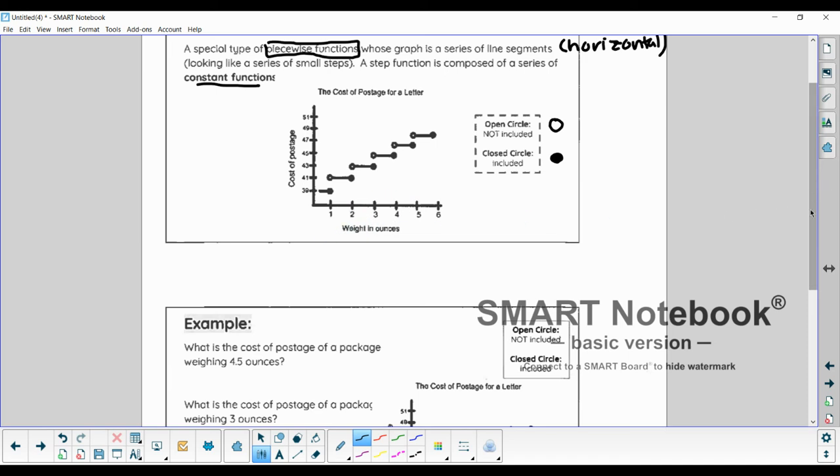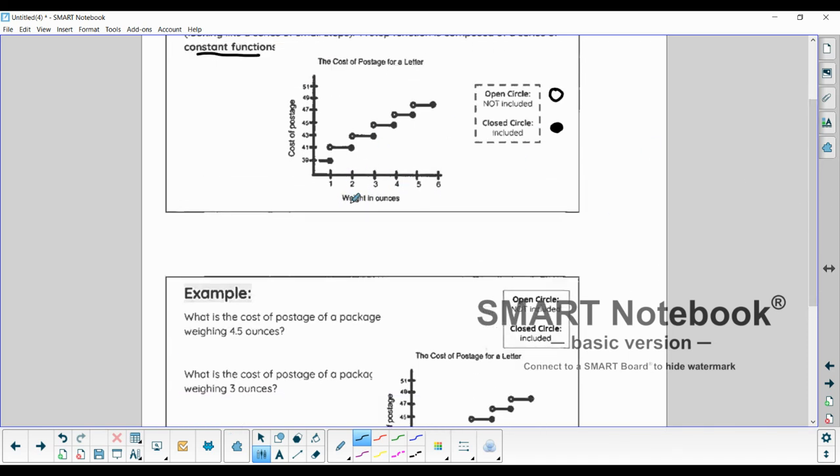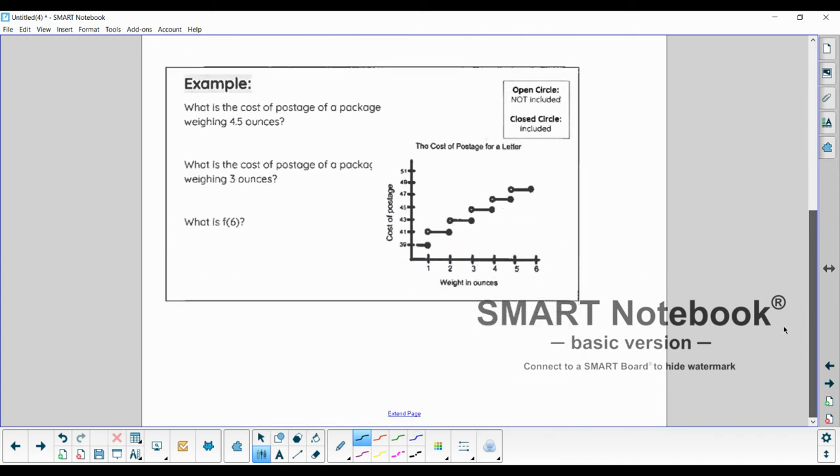So here, let's do some examples with this graph that's measuring the weight in ounces of a letter versus the cost to mail it. If a letter were to weigh 4.5 ounces, 4.5 is right here. If we go up to this, we can see that that's going to be 47 cents to mail.